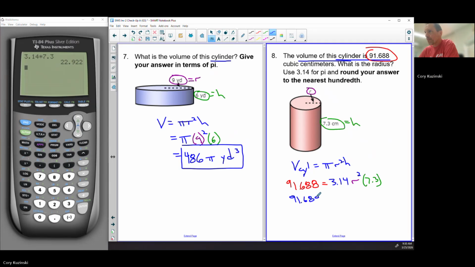So let's go, 91.688 equals 22.922 radius squared. Now I'm going to divide both sides by 22.922.